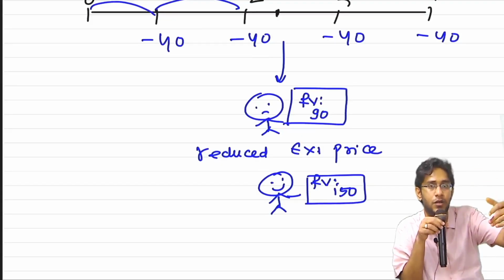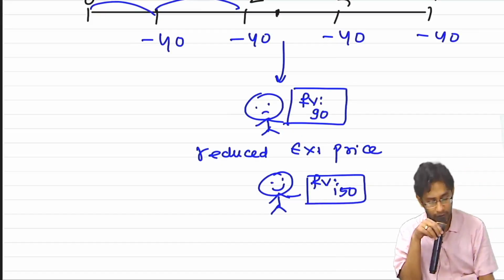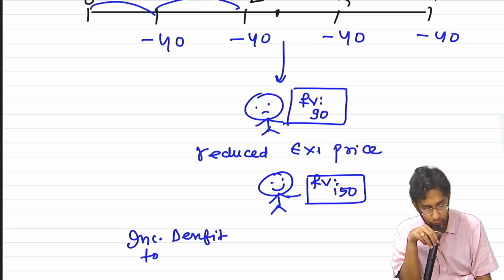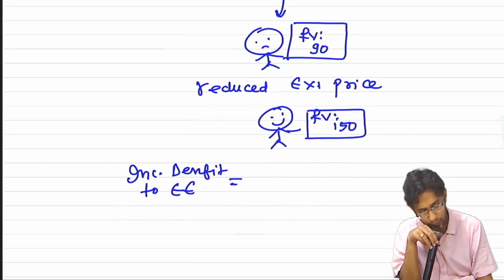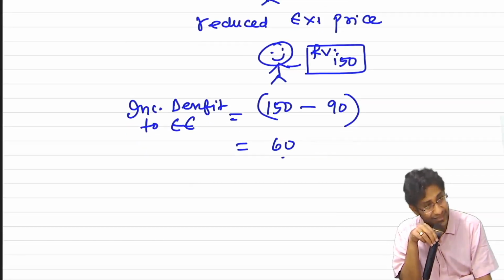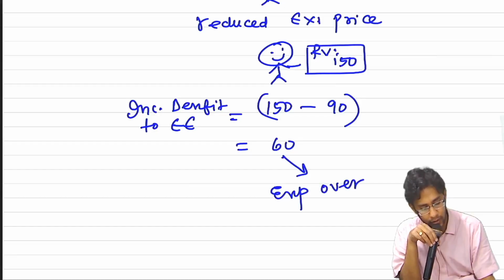A 90 rupee option now became 150. So the incremental benefit to the employee is equal to 150 minus 90, how much now? 60. What you are supposed to do is book this 60 as expense over the remaining vesting period. Prospectively you should do.